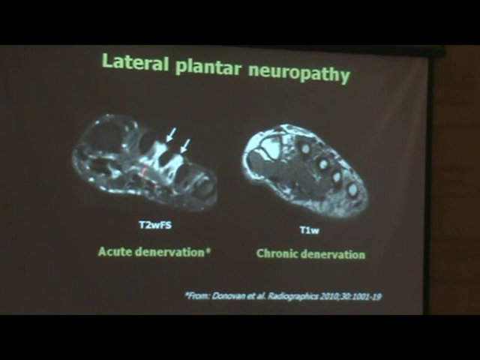You see a lot of edema going on in these muscles. And this is a more chronic denervation pattern of lateral plantar neuropathy. As you can see here, important atrophy of the interosseous muscle at the fourth space, as well as atrophy of the abductor digiti minimi and adductor digiti minimi muscles.